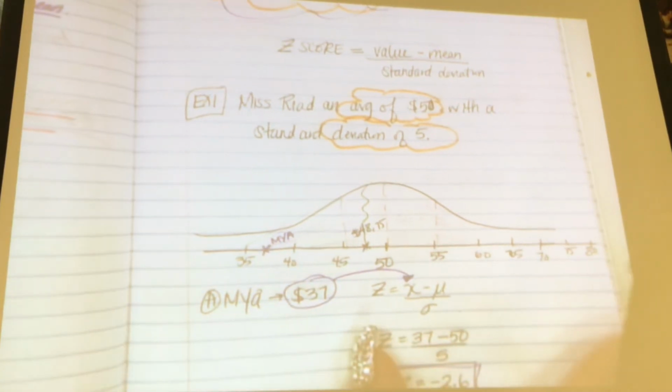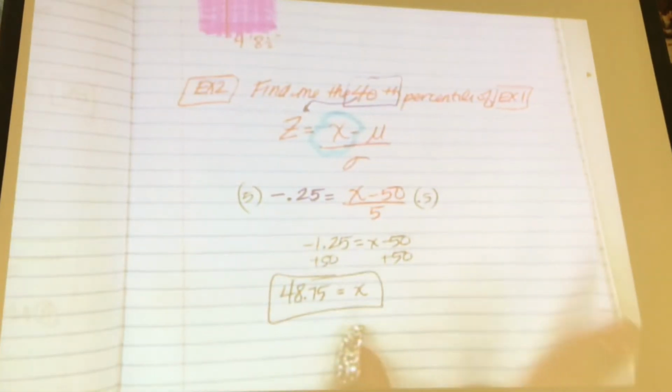All right. Example 3. What if I asked you to find the 85th percentile? Take out your z-score charts. Find the 85th percentile of example 1.